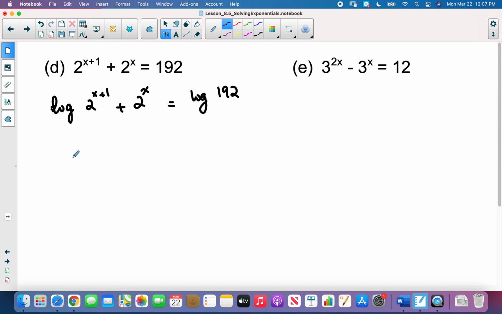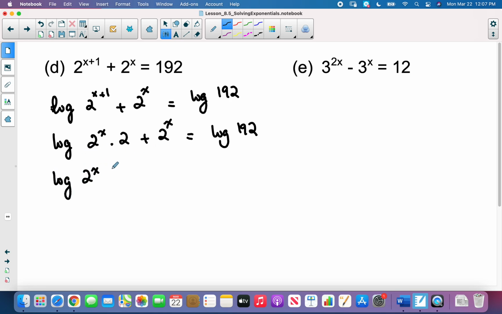And we can write this as log of 2 to the power of x times 2 plus 2 to the power of x equals log of 192. This is 2 to the power of x times 2 plus 1 equals log 192.